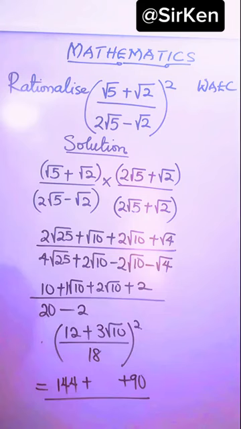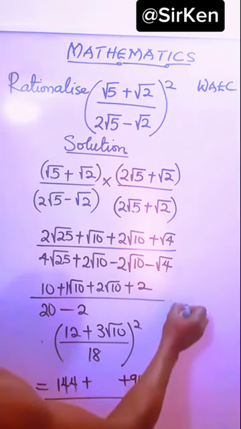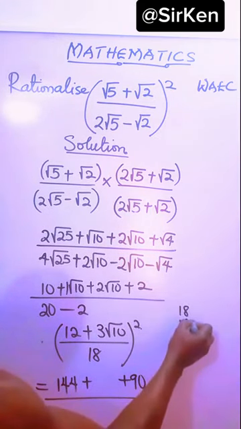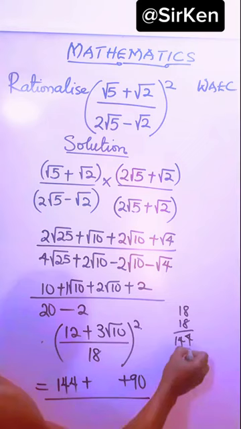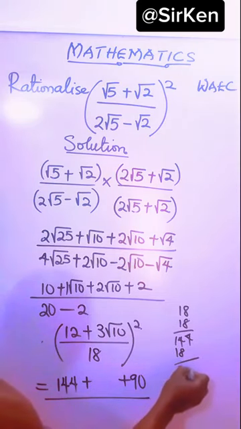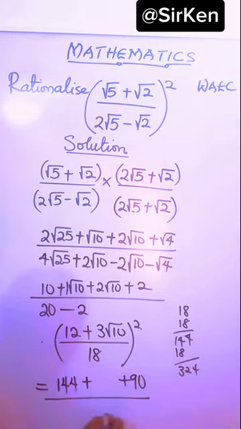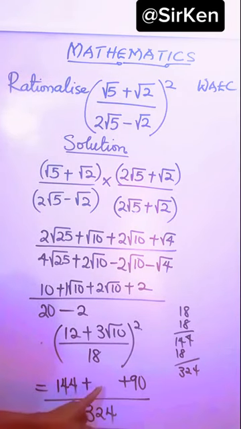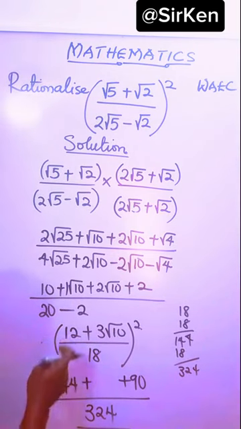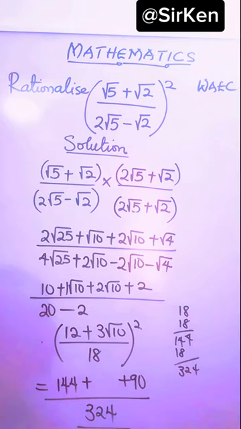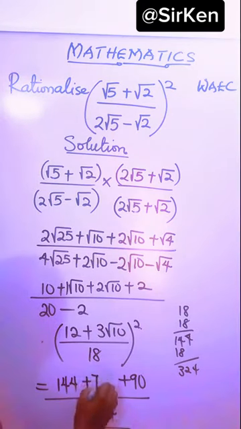Then over 18 square. 18 times 18 is 324. Now, going further, I am going to multiply these two and double my result. So 12 times 3 is 36 root 10. If I double it, I'll be getting 72 root 10.